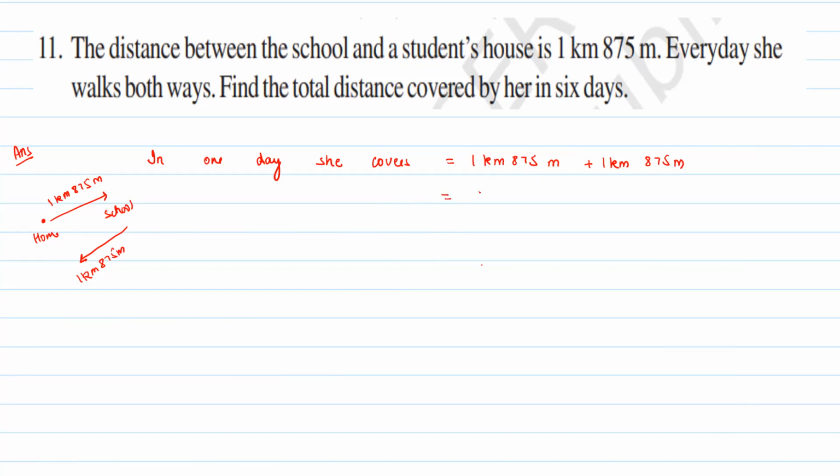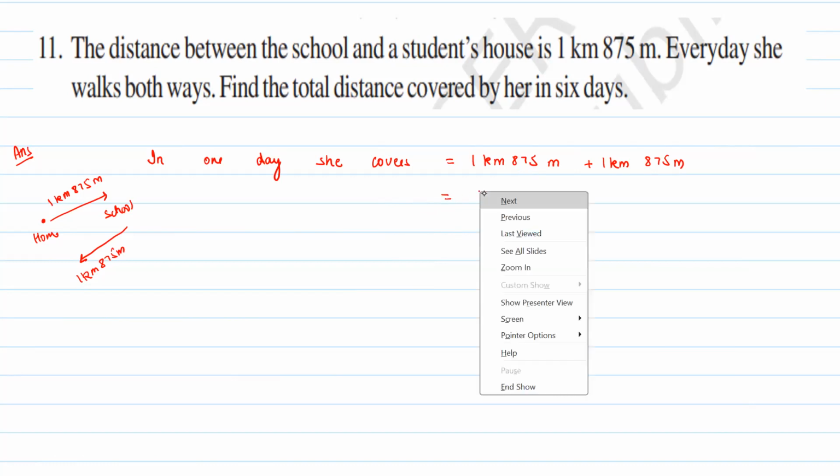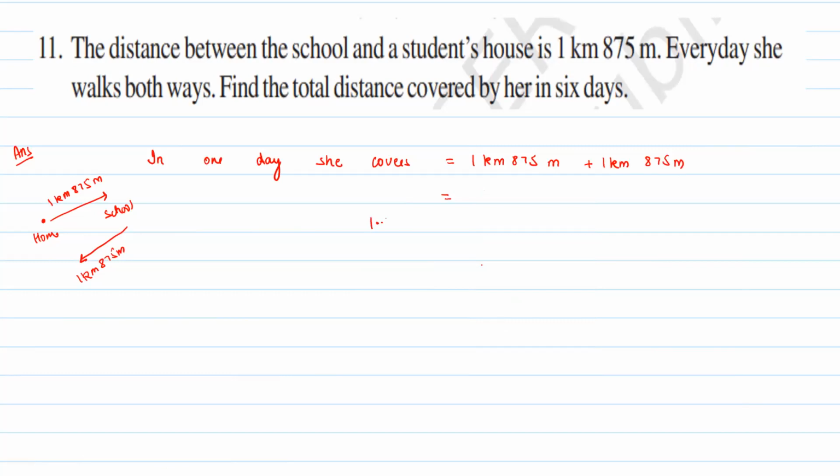It is actually 1.875 plus 1.875, which will give us 3.750 kilometers. So 3 kilometers 750 meters you can write.